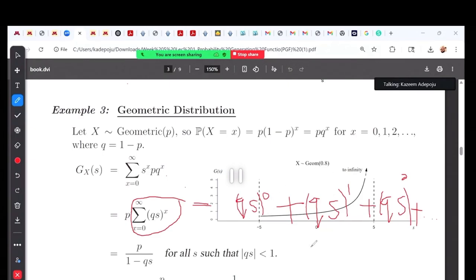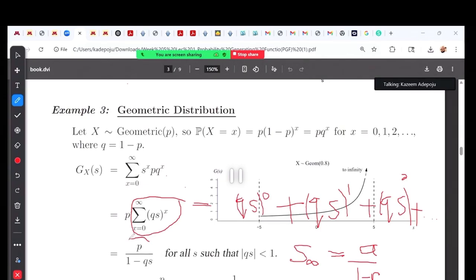Don't forget, the sum to infinity in a geometric series is the first term divided by 1 minus the common ratio. You've done this in high school. What is your first term? It is this guy, 1. What is the common ratio? It is qs.